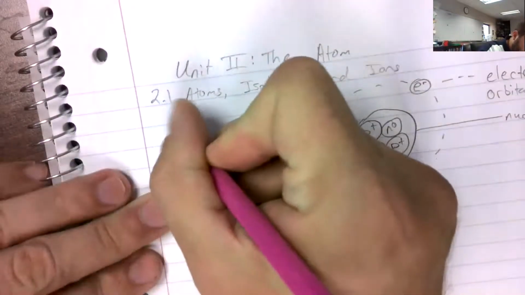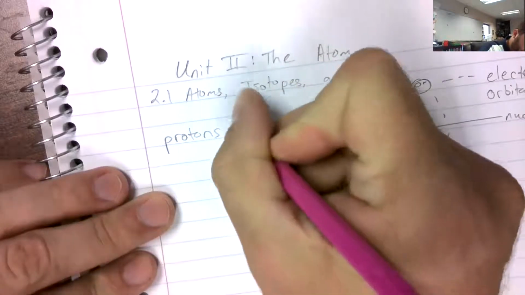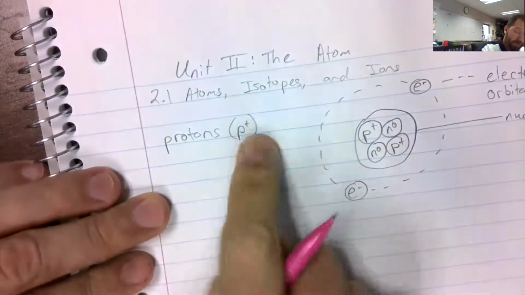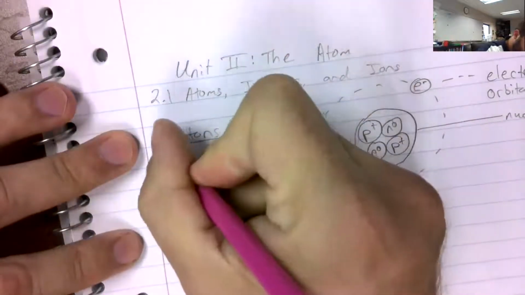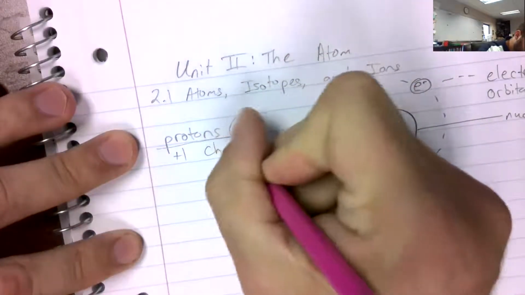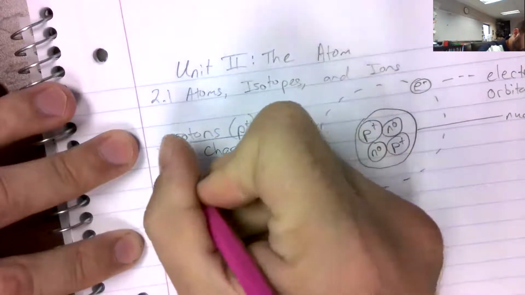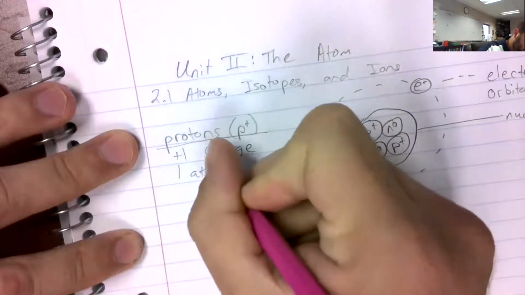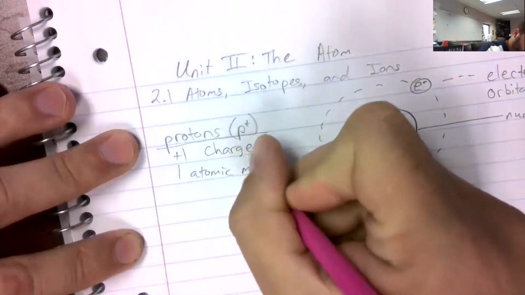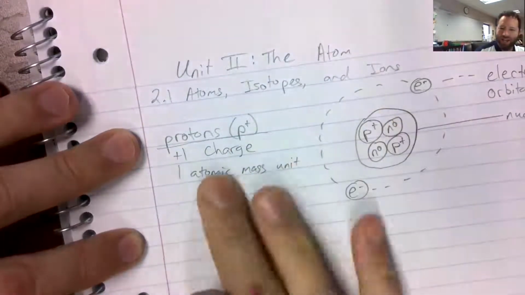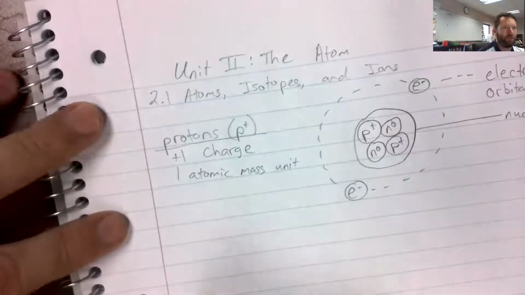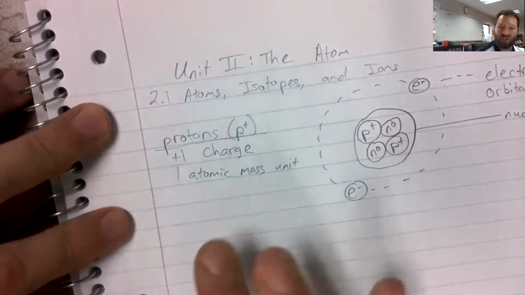Those P positives, and you'll see me abbreviate it as P positive a lot. These are protons. They have a +1 charge. They have 1 atomic mass unit, which is a unit of mass, obviously. Very, very small. It's like one gazillionth of a gram.